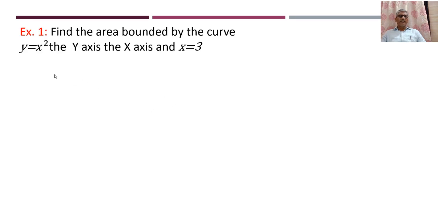See the example. Find the area bounded by the curve y equal to x square, the x-axis, and the line x equal to 3. Here we are given the equation of a parabola, y equal to x square.